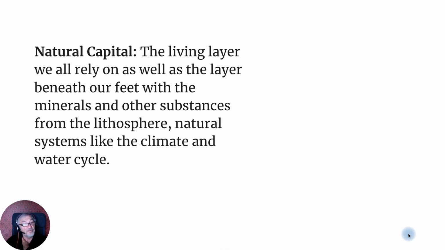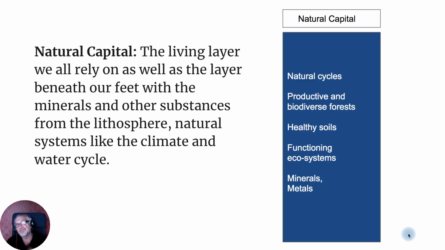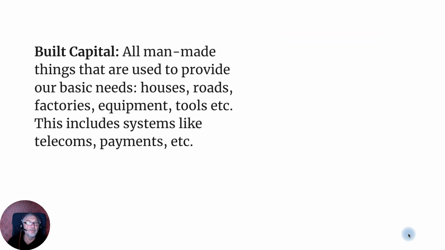That's like the climate, water cycle, all the other natural cycles. Now, what we want to aim for as a desired status of our natural capital is working natural cycles, productive and biodiverse forests and other ecosystems, healthy soils, functioning ecosystems, and minerals and metals available to us and future generations.